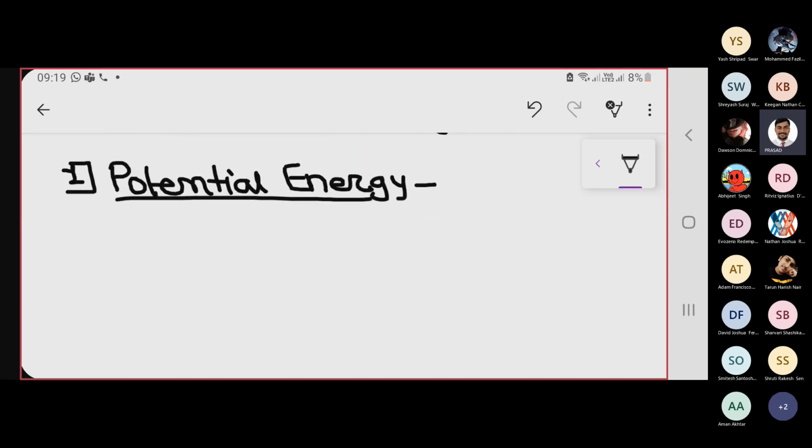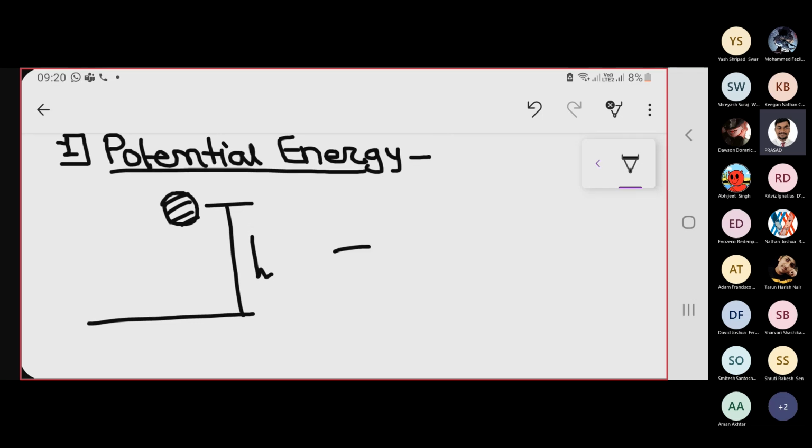That means if you keep one ball at height h, then this ball stores some energy and that energy is called potential energy. If you move your hand, this ball will go down due to the attraction of gravity, and all this energy is called potential energy. Its formula is weight into height, or in simple words, mgh.